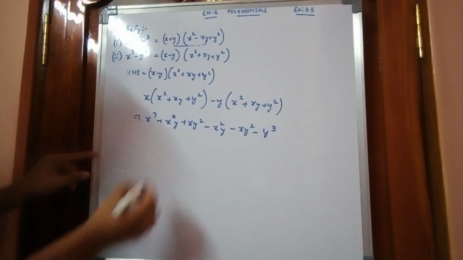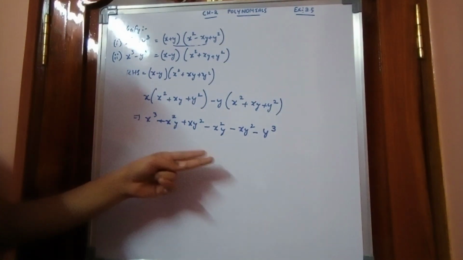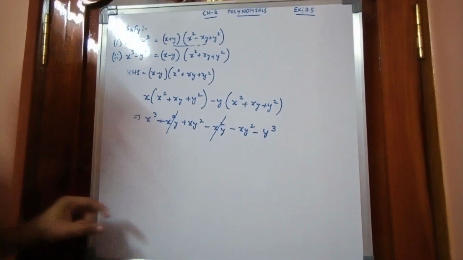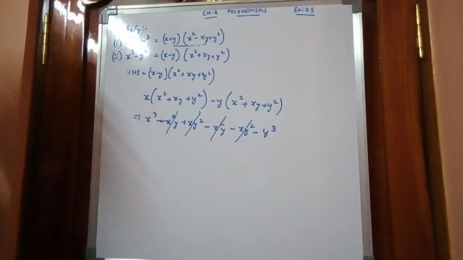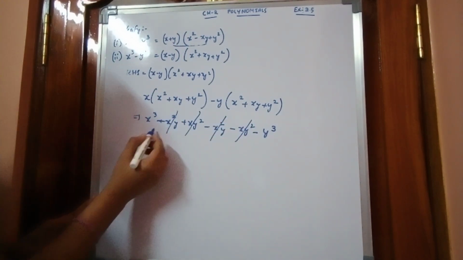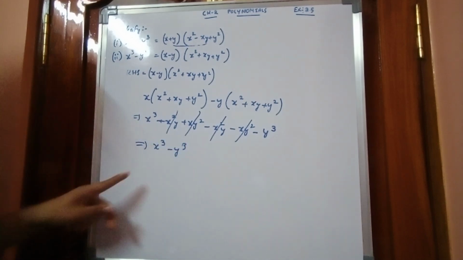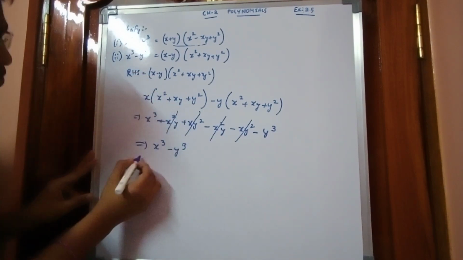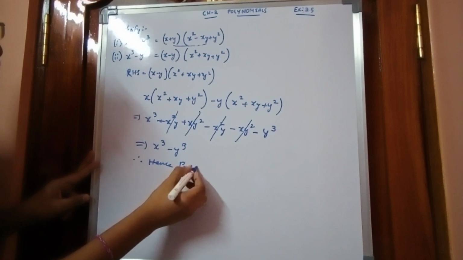Here also we can have cancellation. The plus x square y and minus x square y get cancelled, and the plus xy square and minus xy square also get cancelled. So we got the remaining terms as x cube minus y cube. See, we got the LHS. Therefore, hence proved, we got the verification.